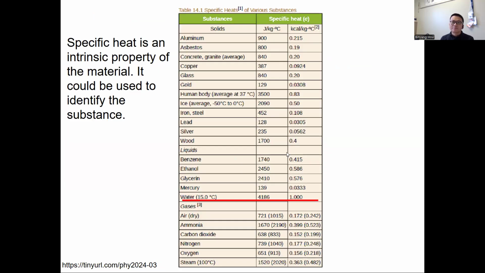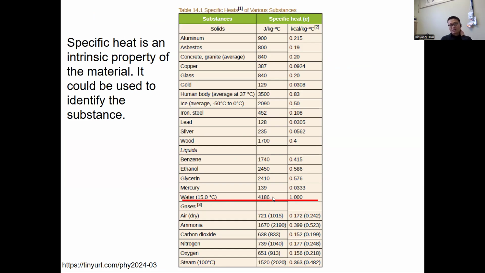All right, so here is the table of specific heat for certain materials, both in joules per kilogram times degree Celsius and kilocalories per kilogram times degree Celsius. One thing that stands out here is water. Water actually has a very high heat capacity, 4186, which is 1 kilocalorie. 1 kilocalorie is 4186 joules.